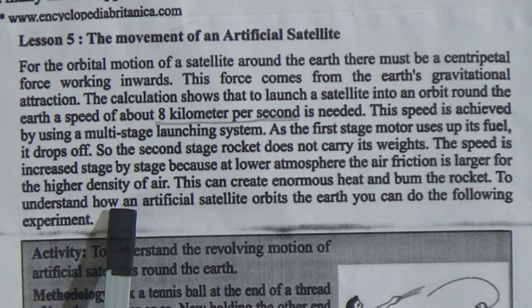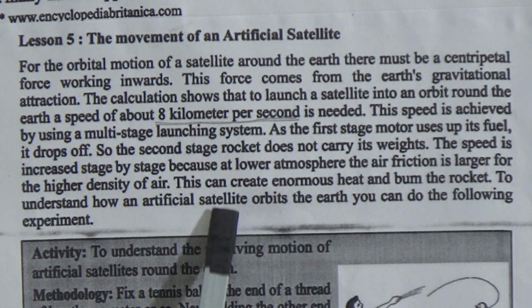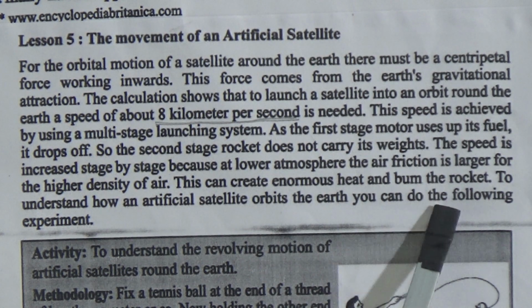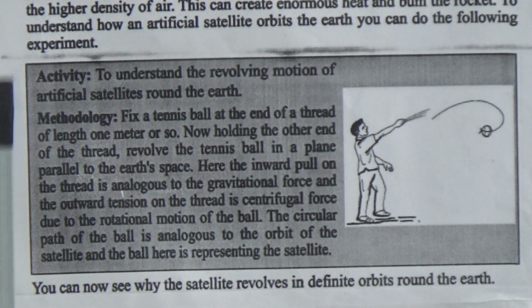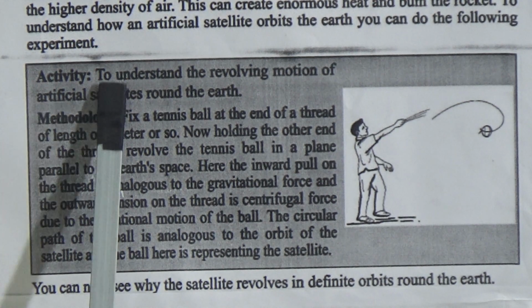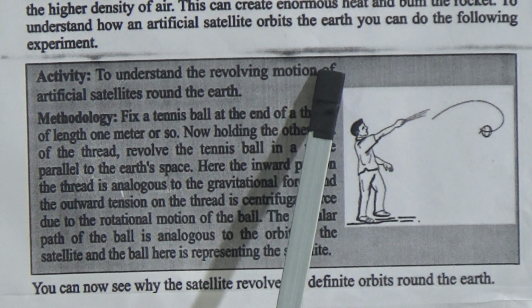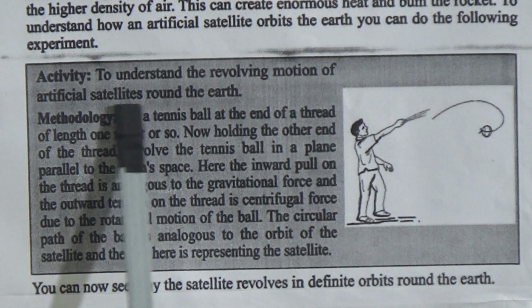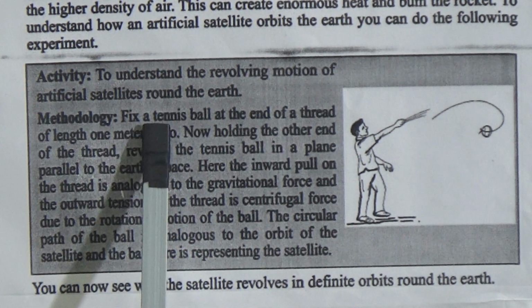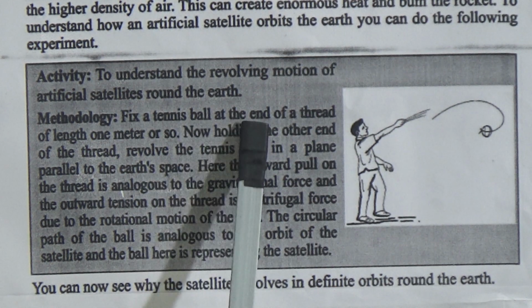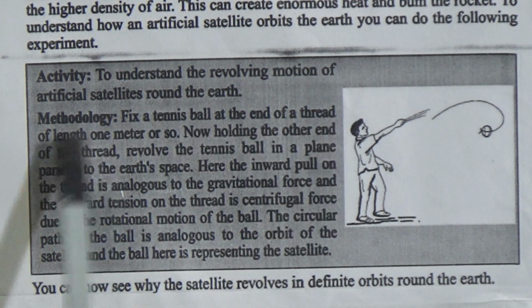To understand how an artificial satellite orbits the earth, you can do the following experiment. For this experiment, dear students, you have to take a tennis ball and a piece of thread. To understand the revolving motion of artificial satellites around the earth, the method is: fix a tennis ball at the end of a thread like that.